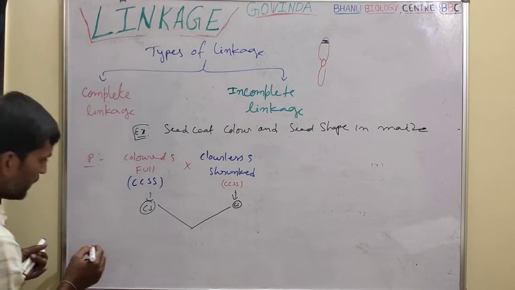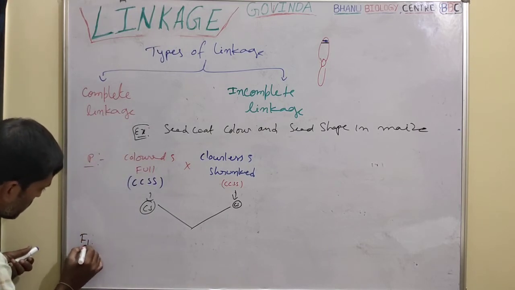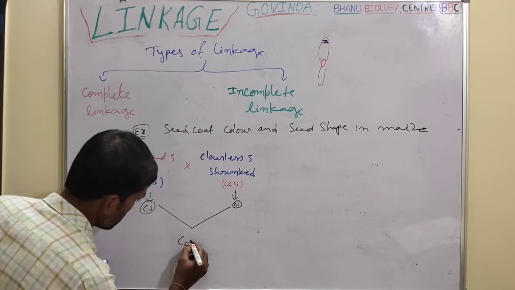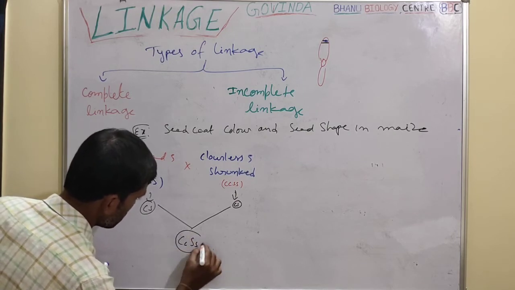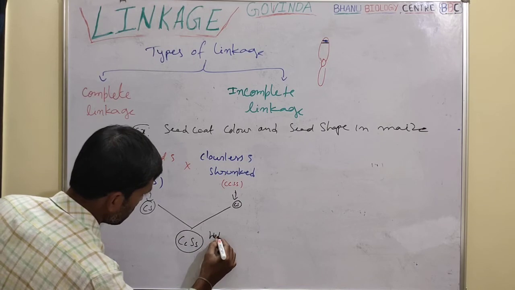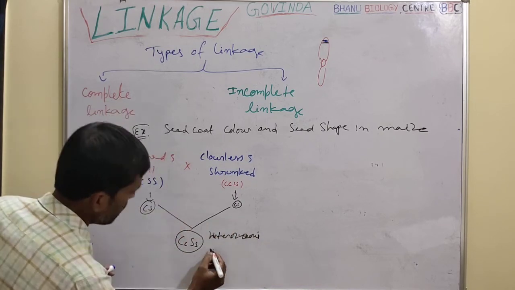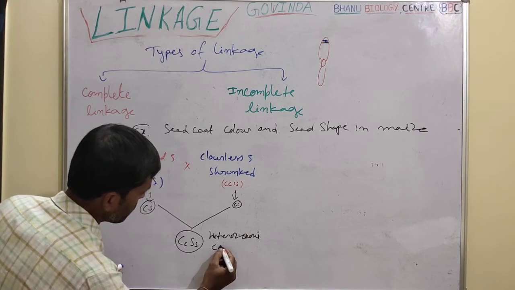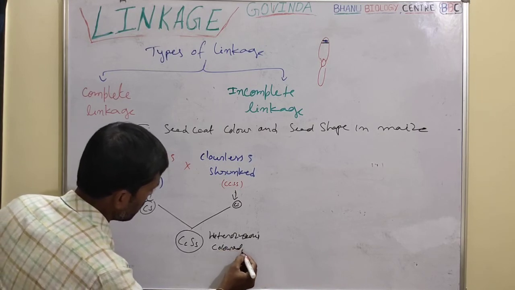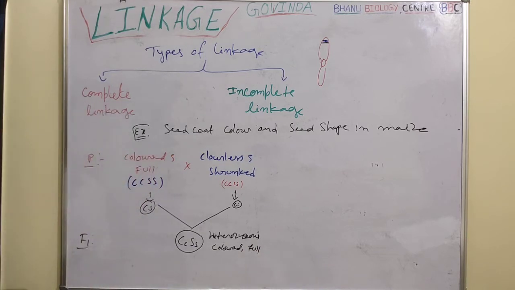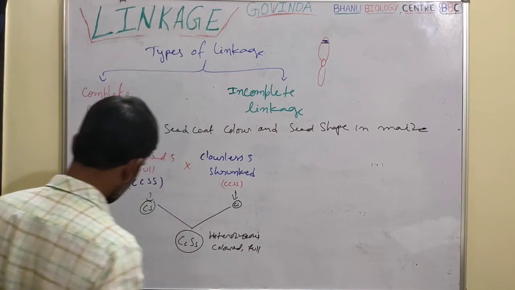Then a cross is made, and in the F1 generation we obtained a hybrid, capital C, small c, capital S, small s. So this is the heterozygous colored full seed.